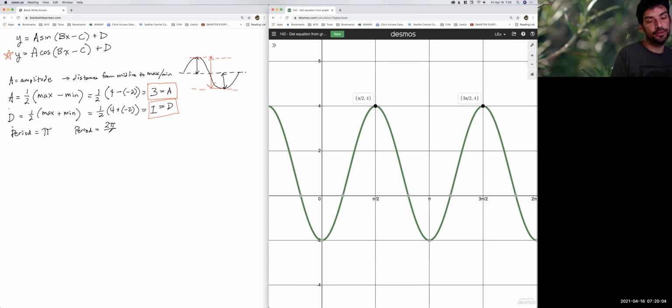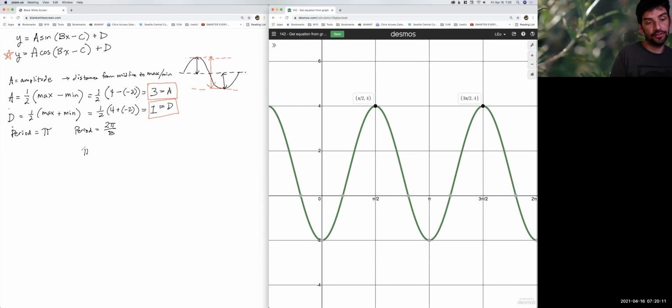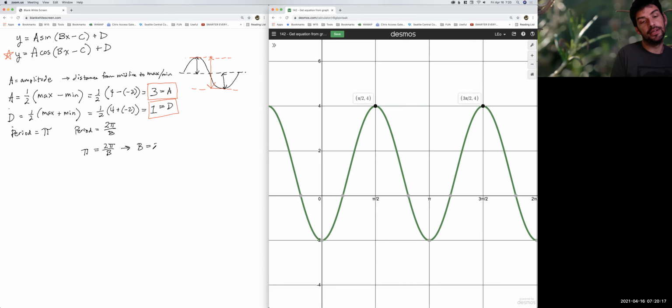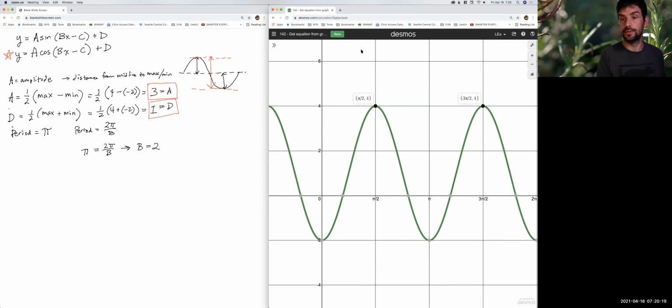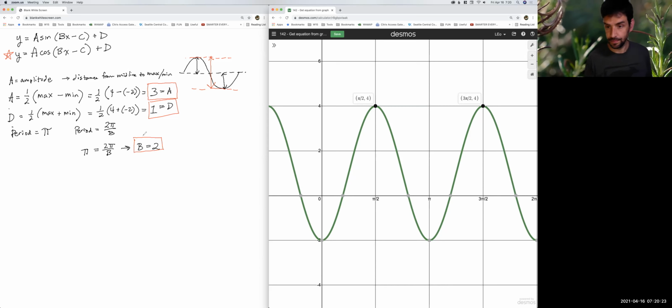The period is equal to 2 pi over B, right? Well, now that I know what the period is, this equation becomes fairly simple. Pi is equal to 2 pi over B. You can solve this pretty easily to get B is equal to 2. Okay, so now I have my B value.